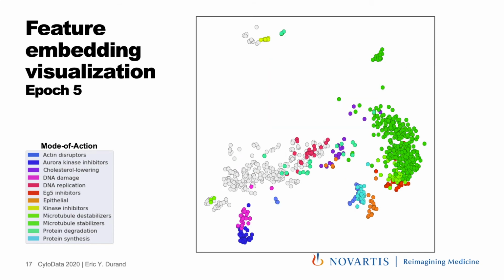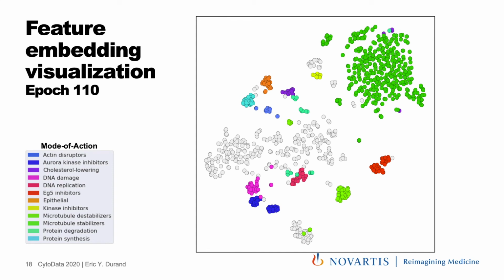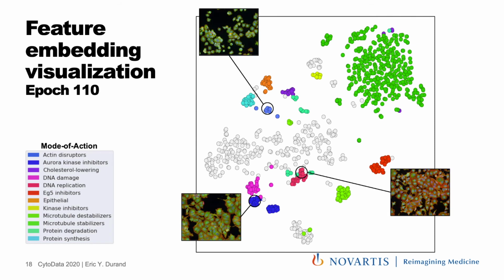And if you follow the plot through the training, you notice that very quickly, here after 110 epochs, images cluster almost perfectly by mode of action. And if you visualize them, the images belonging to different clusters also tend to look very different from each other.